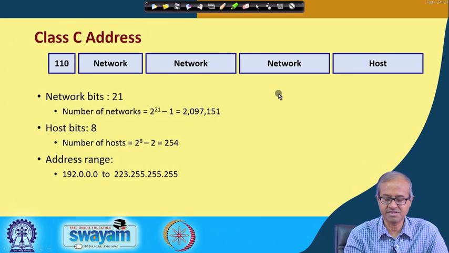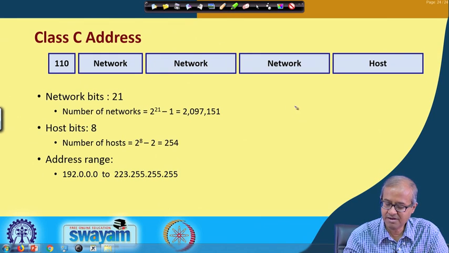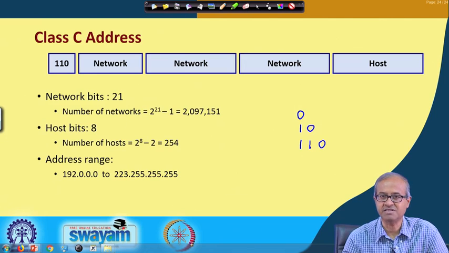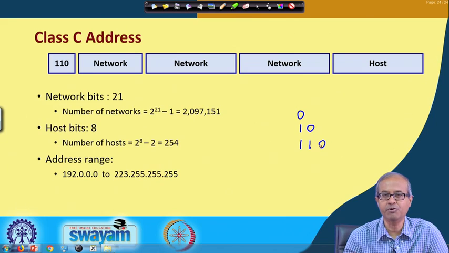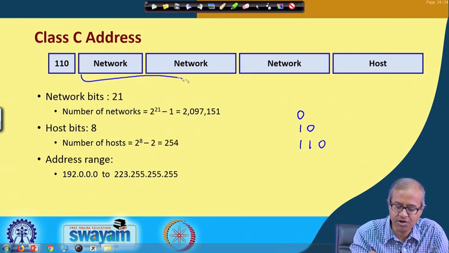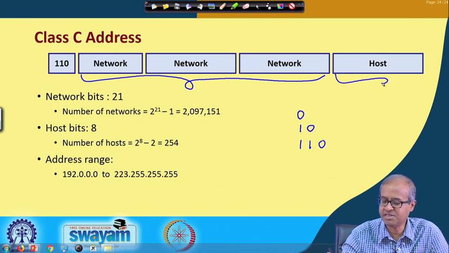Similarly, let us look at class C. For class C again, anything starting with 0 is class A, starting with 10 is class B, starting with 110 is class C. So, you see there is some kind of uniqueness, just by looking at the first few bits you will be able to identify which address class it is. Now, in class C there are 21 bits used for networks and only 8 bits for the host.